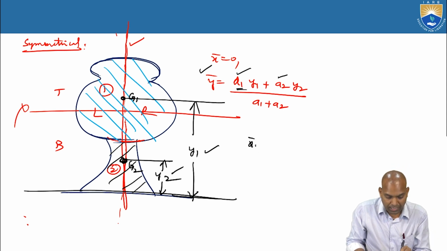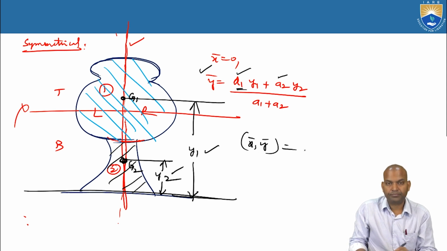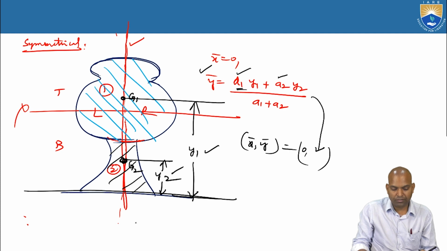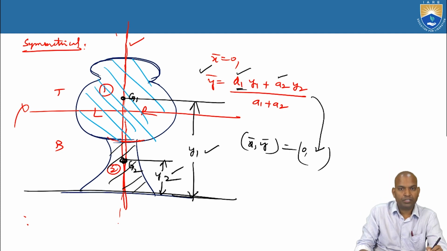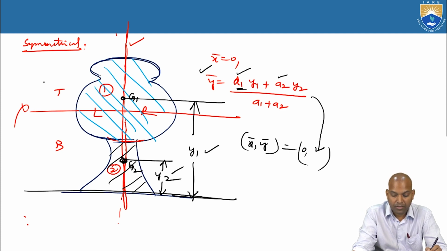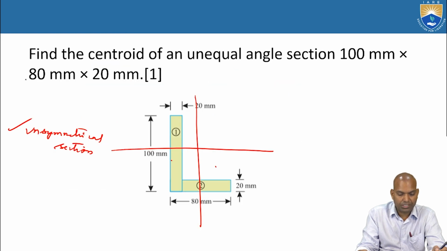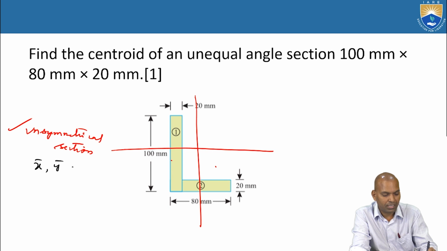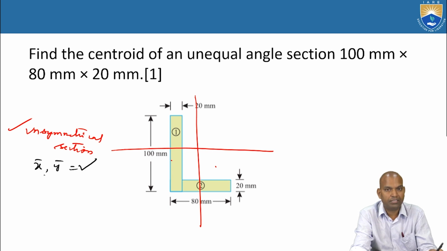What about the bar X and bar Y location? It is 0, comma, the value of this bar Y. Thus, we calculate for symmetrical sections. Whereas for unsymmetrical sections, both bar X and bar Y are to be calculated. So what are the derived expressions?